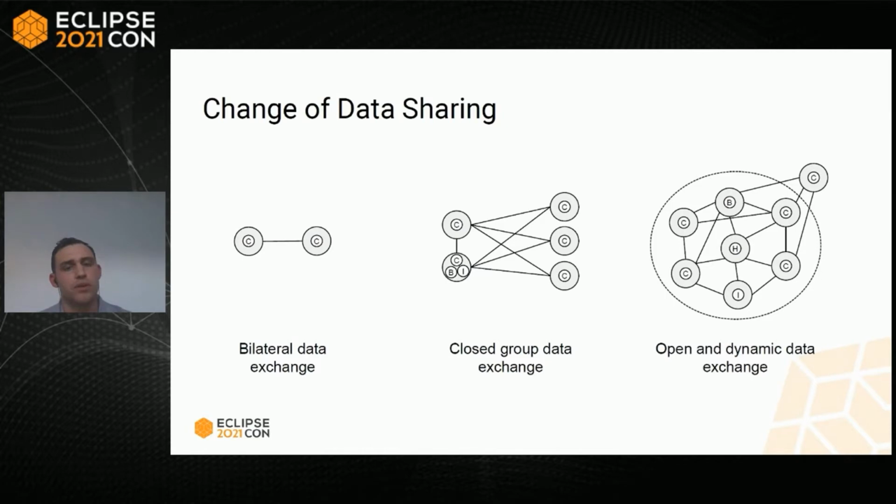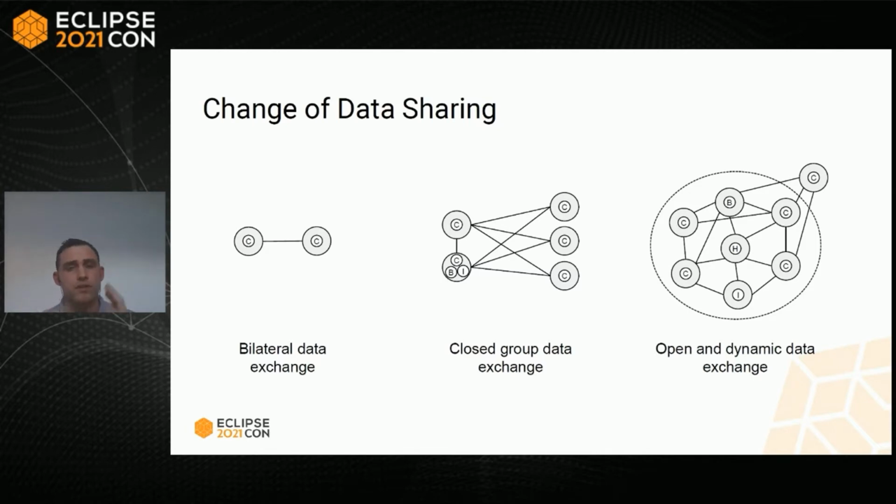For example, there's an identity management service, which provides all these identity services to the group. Everyone can use it. There's maybe a catalog so that everyone is aware what kind of data sets are available in such a group. There could also be other services. But what is important to know here is that you have this one participant providing these kinds of services, like a platform for data sharing.